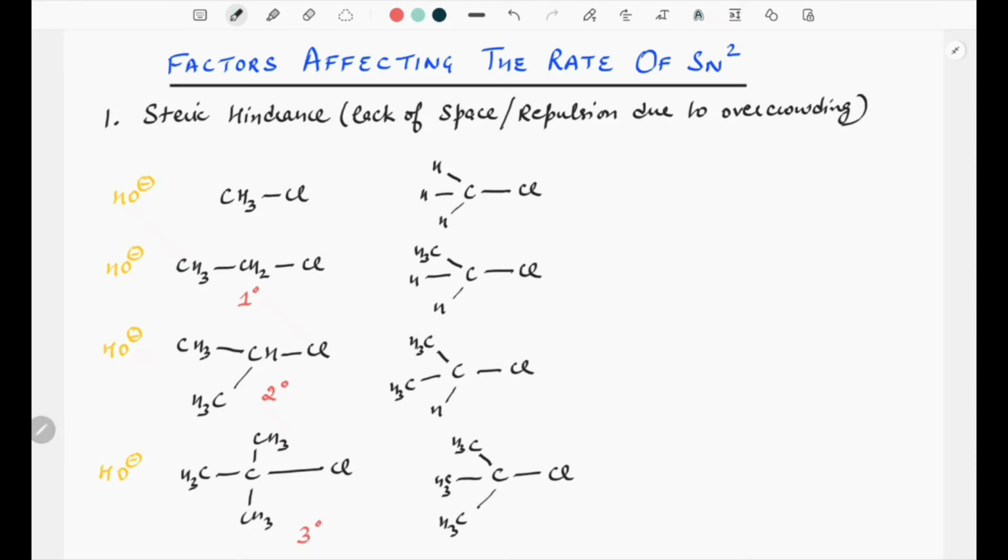Now in case of SN2 reaction, the attack of the nucleophile should occur from a direction which is opposite to Cl. Again in this case, in the third case, and same in the fourth. Now if we look more closely, just consider hydrogen is the smallest atom.